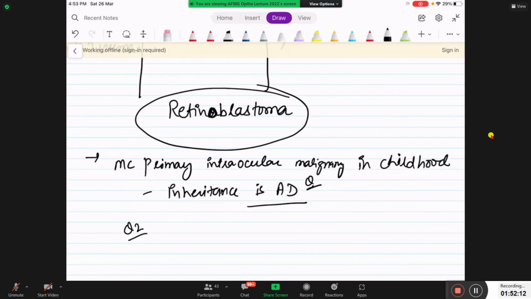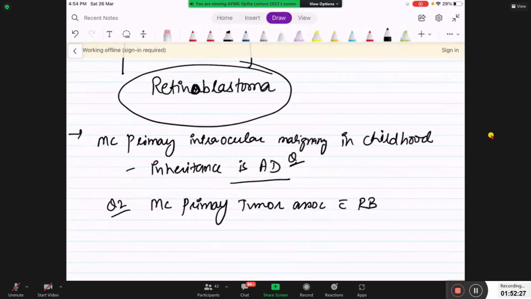Important question number 2, write down. Most common primary tumor associated with retinoblastoma. RB is retinoblastoma. So most common primary tumor associated with retinoblastoma, answer is pinealoblastoma.